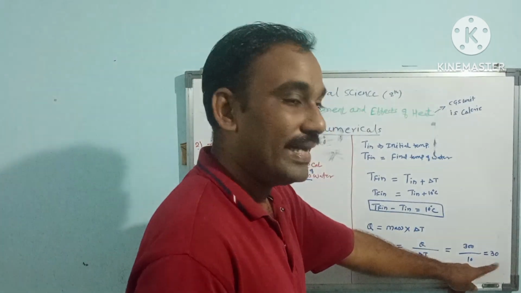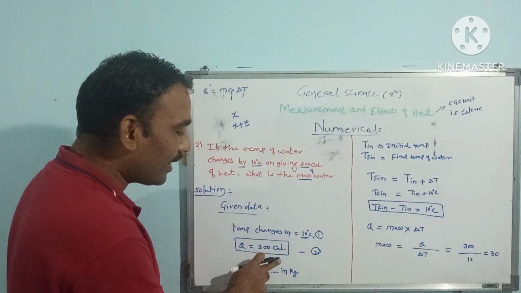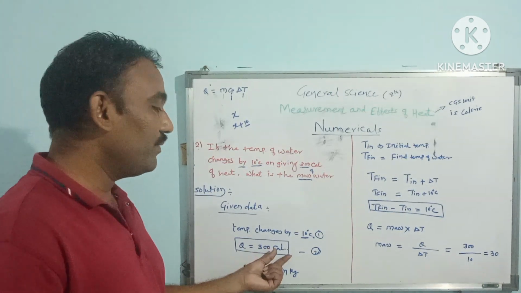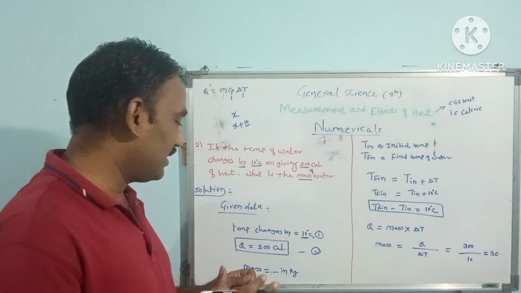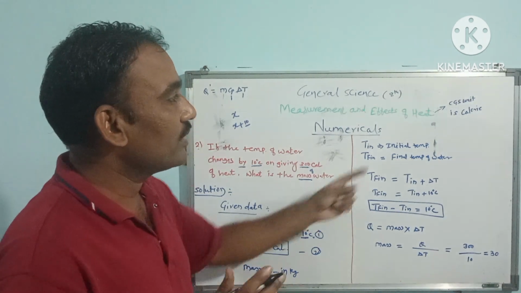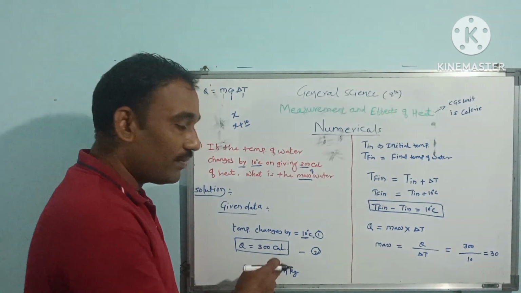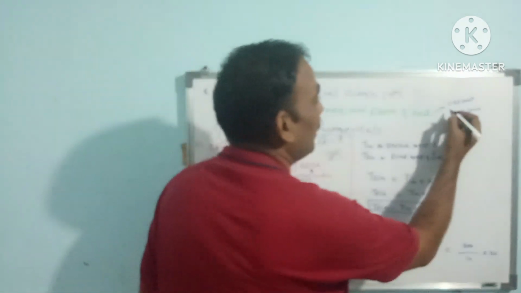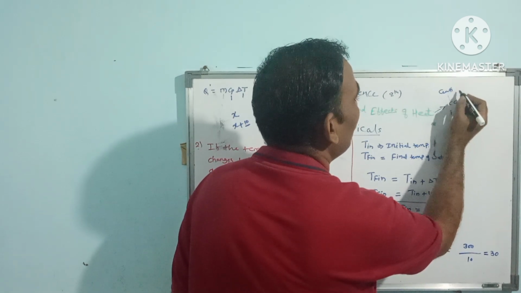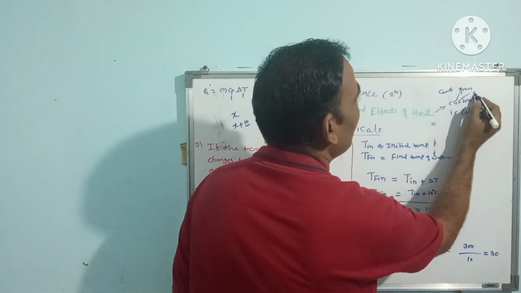But it should be in kilogram. Whatever answer we are getting is in gram, because we are using 300 calorie. Calorie is the CGS unit of heat, and when we consider the CGS unit system, centimeter, gram, second, mass is in gram and time is in second.